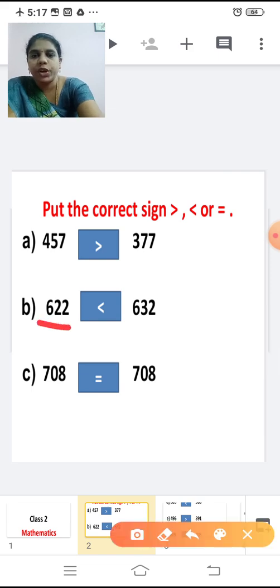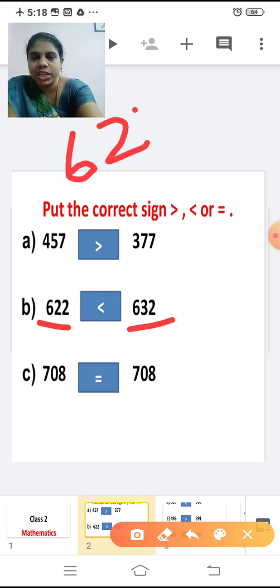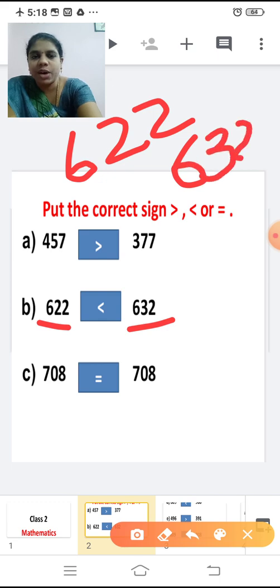Second one, we are going to compare between the two numbers 622 and 632. Now see the digit at the hundreds place. In both the numbers we have 6. So what do we have to do? Now we have to compare the tens place, right?